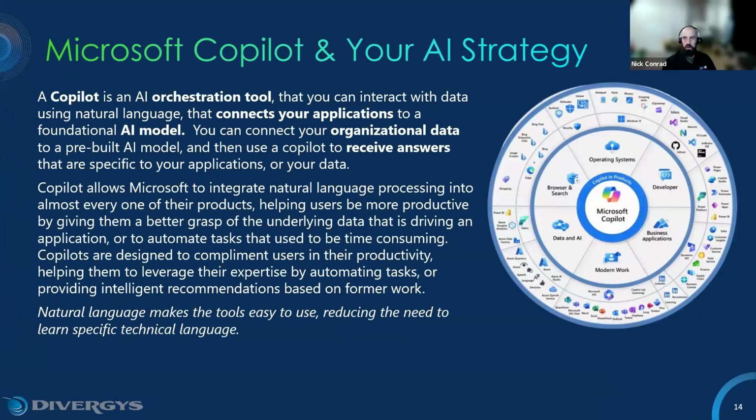Perfect. So building up Copilot and your AI strategy really is just how is it going to work within your business model and your organization? Using this to increase individuals' performance within the organization to make sure that they are increasing their productivity by however much they can.